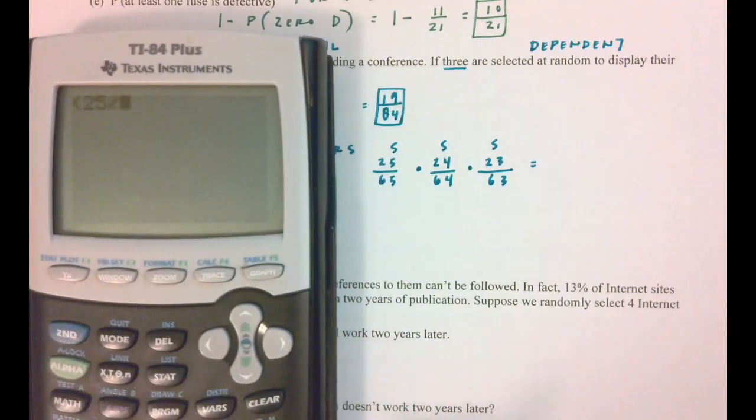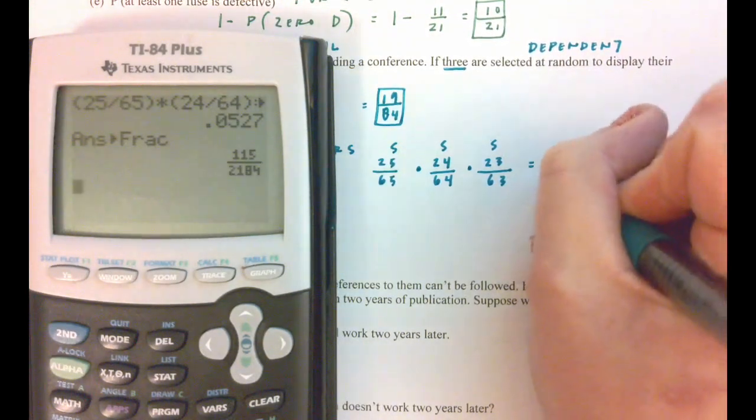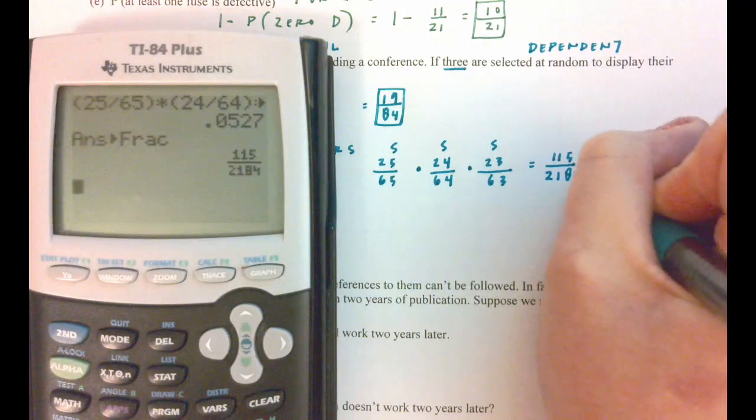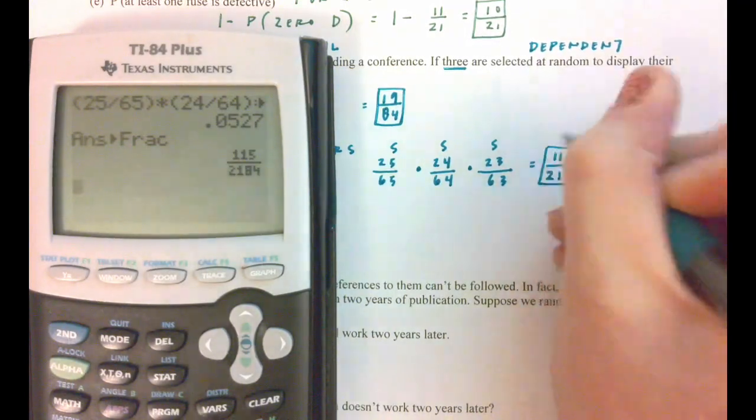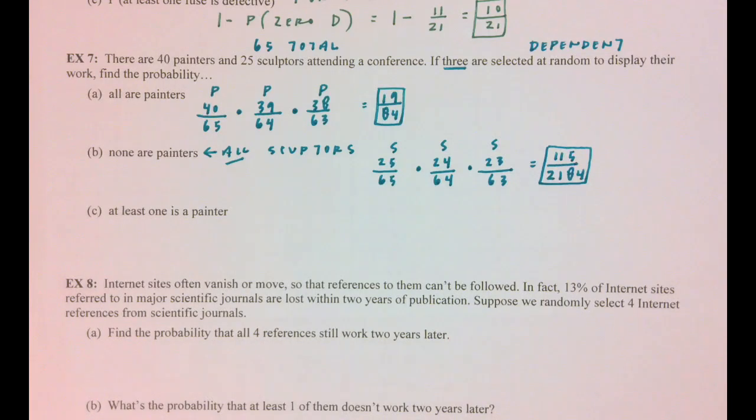So I have 25 out of 65 times 24 out of 64 times 23 out of 63. Multiply it, math frac, and we'd say 115 out of 2,184. That is our chance of none being painters, which means all must be the other option, sculptors.